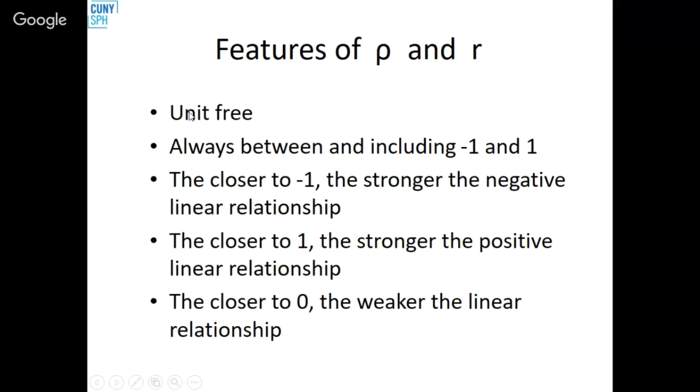Which is a nice property because whatever your units were, we always get values between and including -1 and 1. -1 meaning perfect negative linear relationship, and 1 meaning a perfect positive linear relationship. The closer they are to 0, the less of a linear relationship there is.